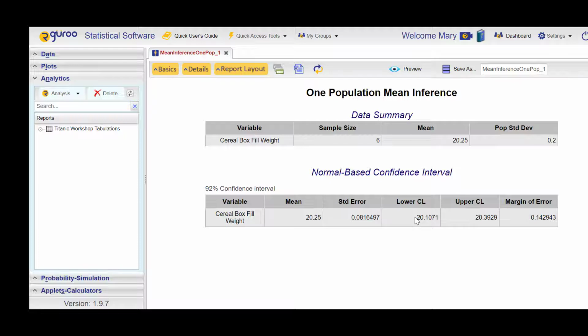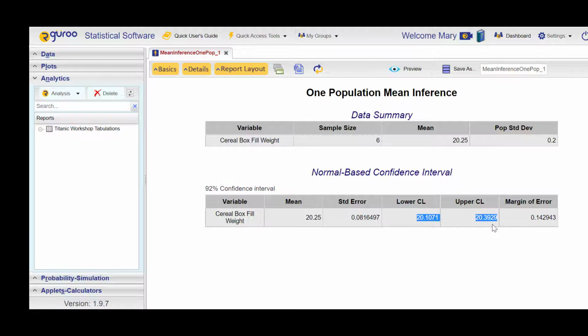But what we really want to look at is the lower and the upper CL. So it's the lower boundary of the confidence level, I'm sorry, confidence interval, and the upper boundary for the confidence interval. So it says it's between 20.1071 and 20.3929.